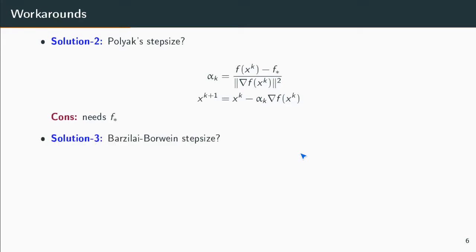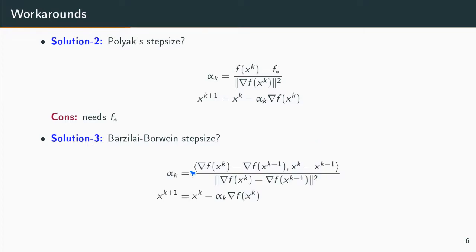Finally, there is the popular Barzilai-Borwein step size, which goes as follows. It's quite a complicated formula, but you just take the current gradient, the previous one, do some expression and use it in the update. This step size was proposed for quadratic problems.